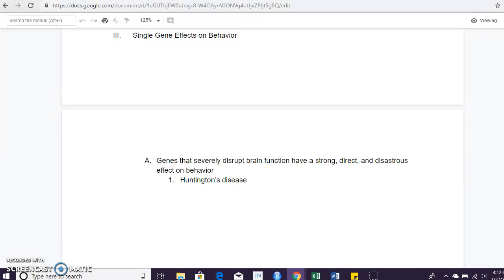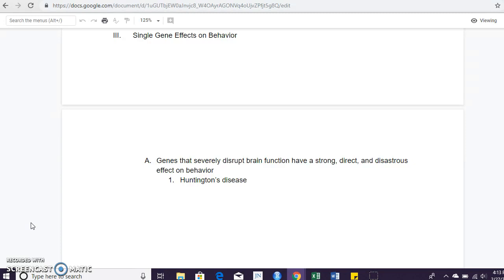There are diseases that are caused by single genes or single alleles, which is why this section is called Single Gene Effects on Behavior. And the first the book describes is Huntington's disease.